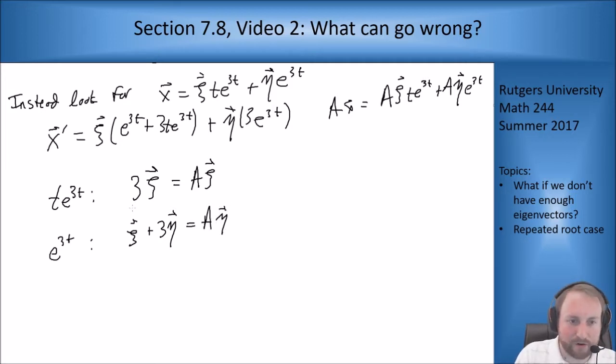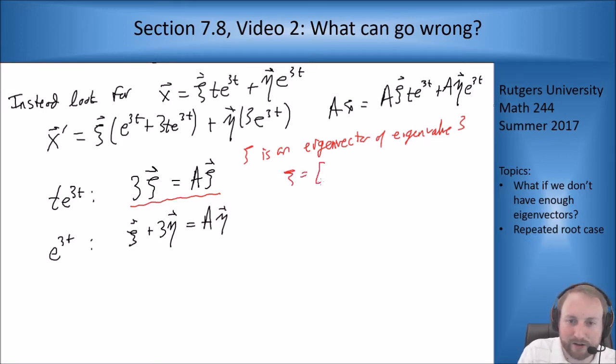Now this first equation is something we already know. This says that c must be an eigenvector of eigenvalue 3. But I know one. This is what we did for the first part of this problem. So c is the vector 1, 0. And now I can plug this in to try to solve for eta.